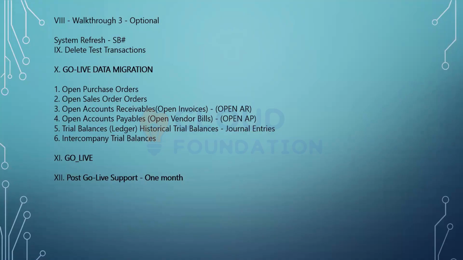So what all are migrated as part of your go live? There are open purchase orders. What do you mean by open purchase orders? Any idea what that is? Which is still in progress. Absolutely. So March 1st is when I'm going live.